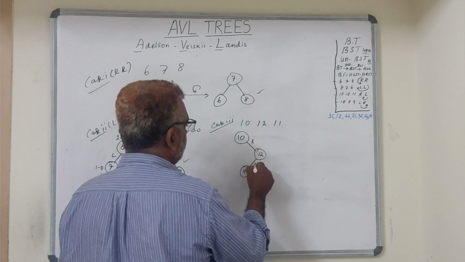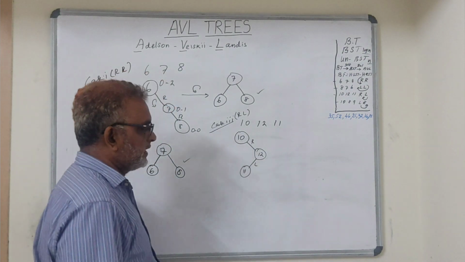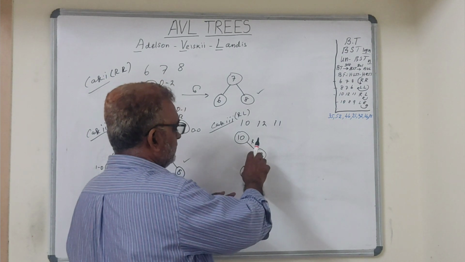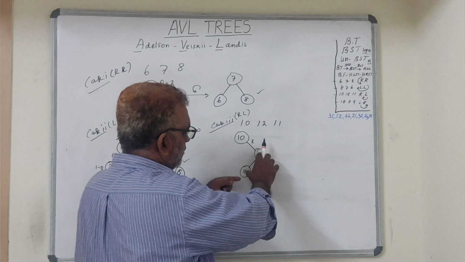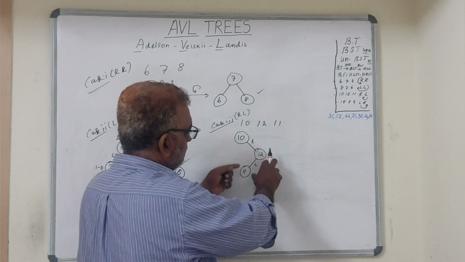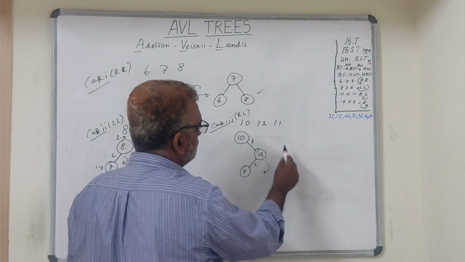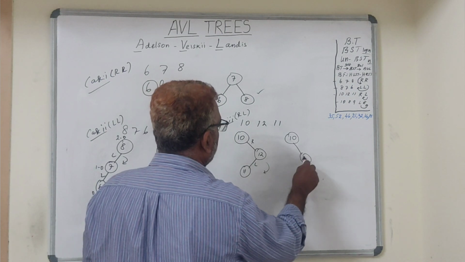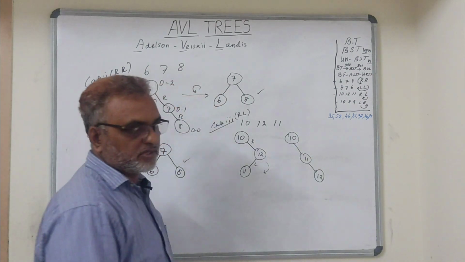So this is right, left; the case is RL. Perform the rotation like this. As a result, 11 will go up and 12 will come down, so this is 10, 11, and 12, a right skewed tree.